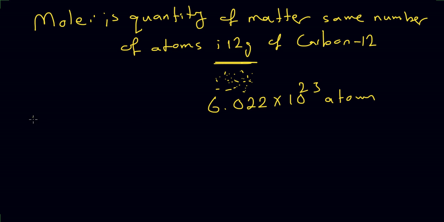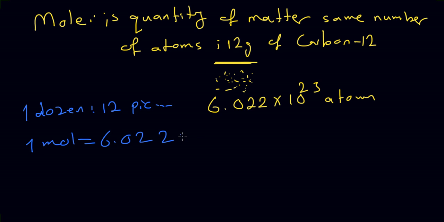So 1 mole, how would you say? For example, you say 1 dozen means 12 pieces. When you say 1 mole, we mean 6.022 multiplied by 10 to the power 23 particles.